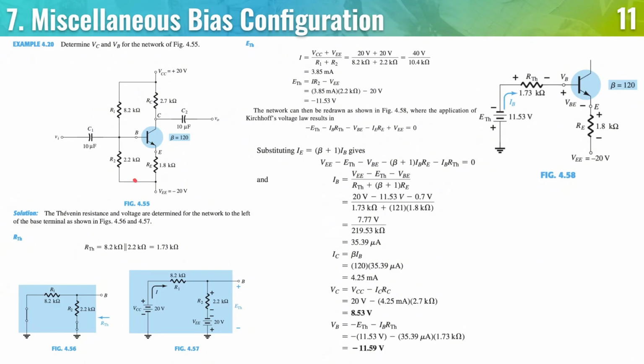So if our ETH is somewhere here, let's consider the polarities again. This is negative 20 and this is positive 20. So that means we are starting from high voltage at IR2 going down to VEE. That's why we have positive IR2 minus VEE.